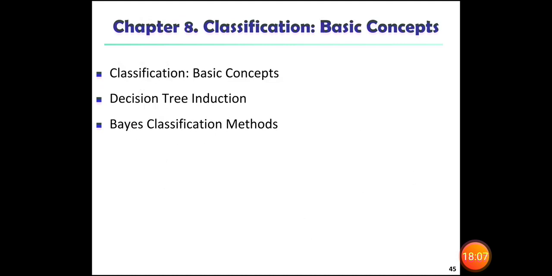So this is the classification concept. In these classes we have discussed the basic concepts of classification with an example, then the decision tree induction algorithm, the introduction, the algorithm, and conclusions, and compared the decision tree induction algorithm with some other algorithms. Next, we saw the Bayes classification methods. In Bayes classification methods, we discussed the introduction, then some formulas and probabilities, then some examples.